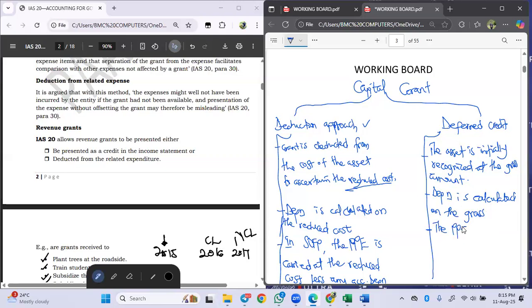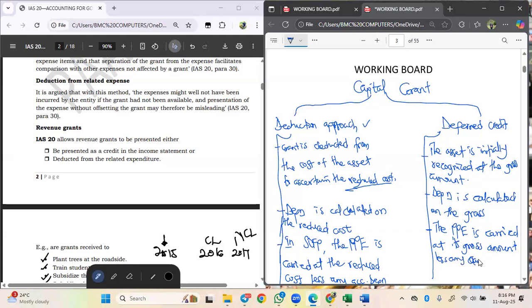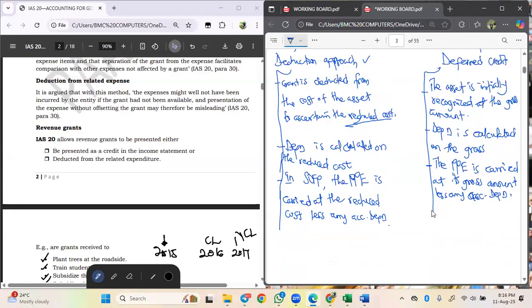So here the PPE is carried at its gross amount, less any accumulated depreciation, in the statement of financial position.